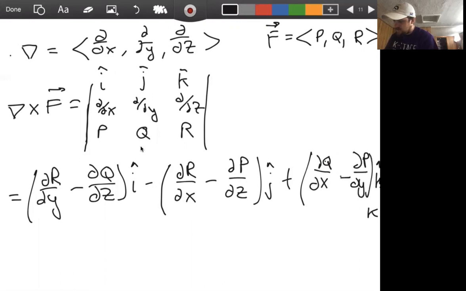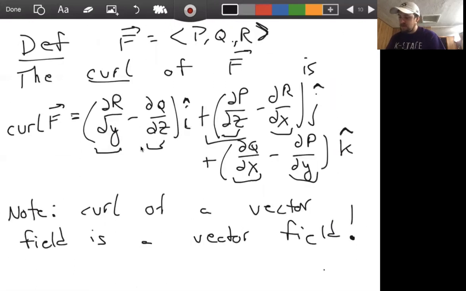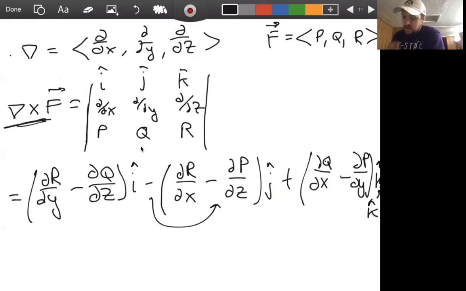The k hat's off the screen there. And then you compare, well, I could distribute this negative, so it would become minus dR/dx plus dP/dz, and you can see that's exactly what we get. The curl of F is identical to taking the gradient operator and crossing it with our vector field F. So therefore, the curl of a vector field is the gradient cross F.